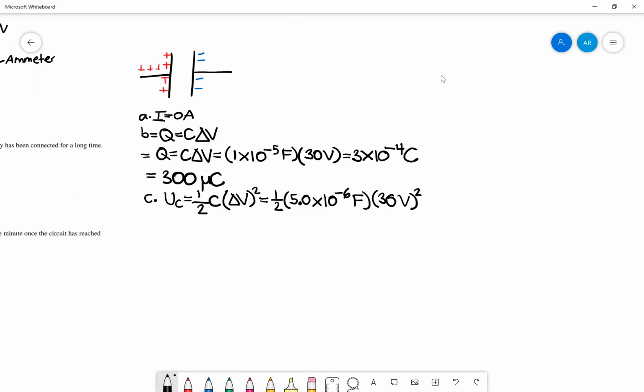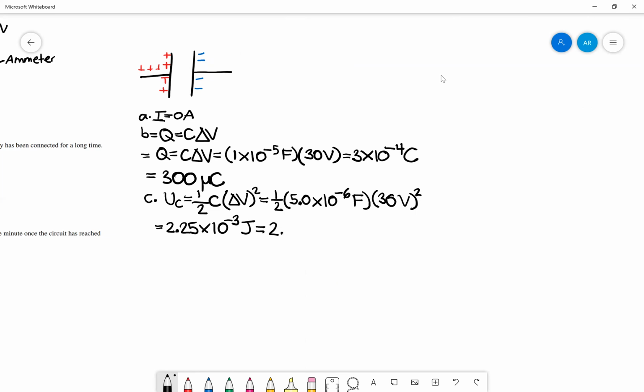And what does that give us? If we substitute into a calculator, we get 2.25 times 10 to the negative 3 joules. Energy is written in joules, and you can write it in multiple ways.